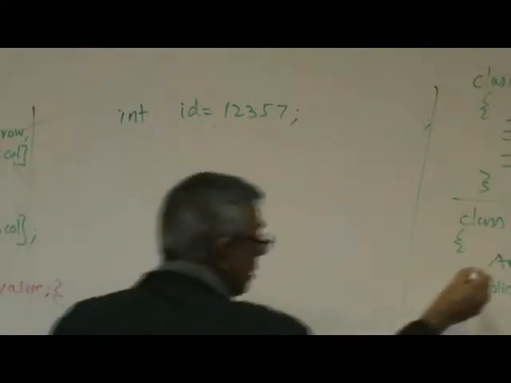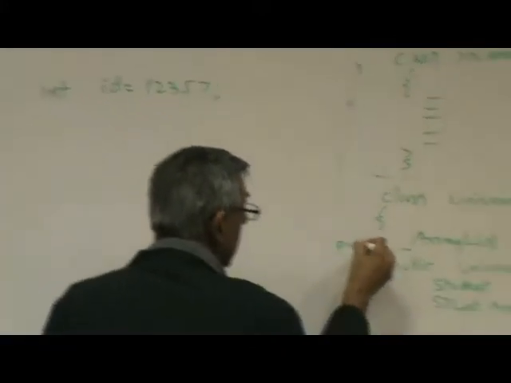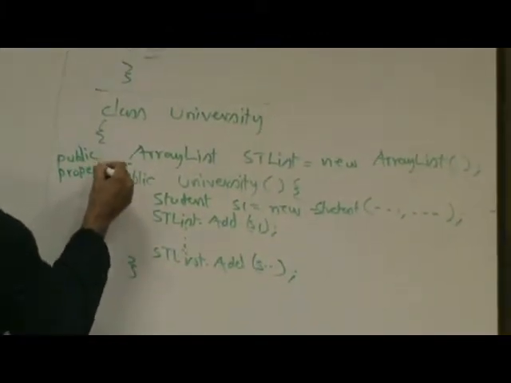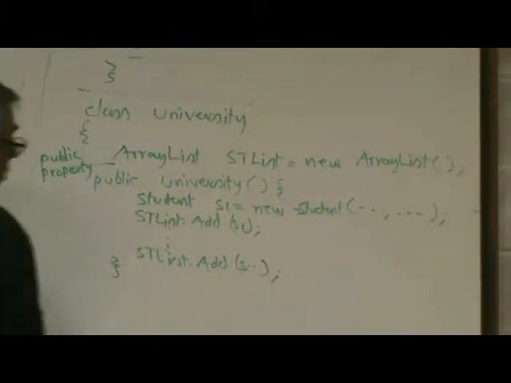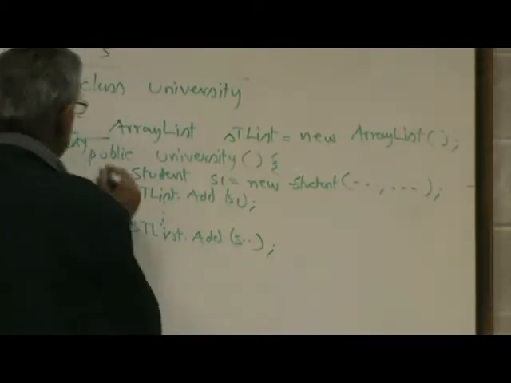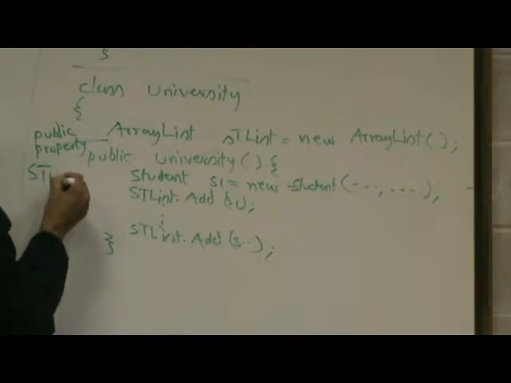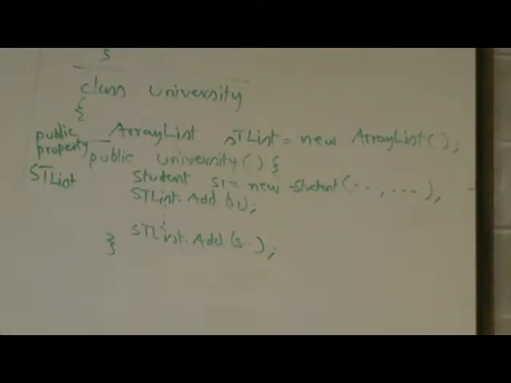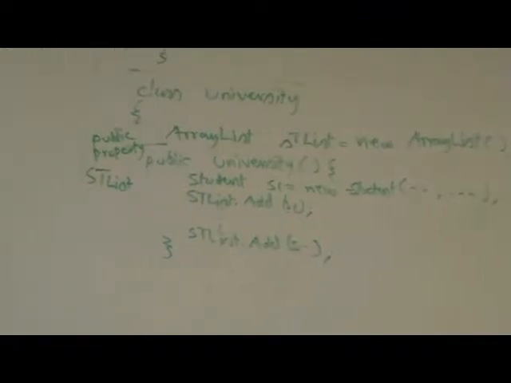Okay, and suppose there's a public property, so that, let me make it lowercase st list, and the public property will give us the capital St list corresponding to this field, right? So our code might look something like this.